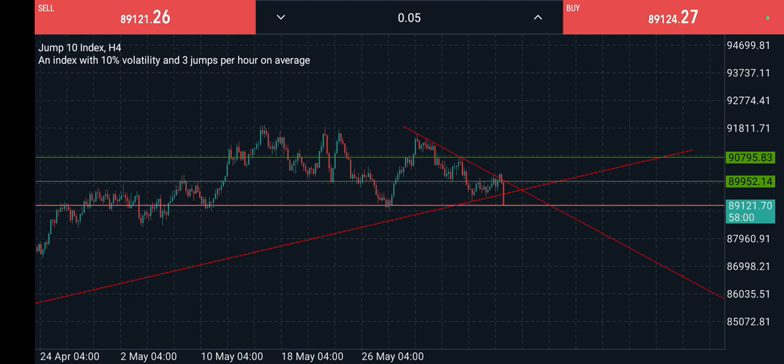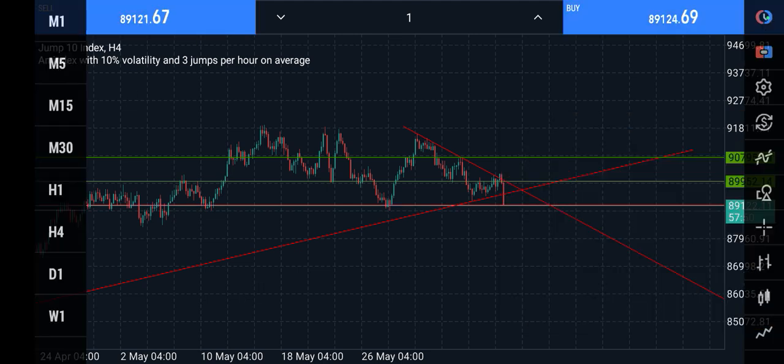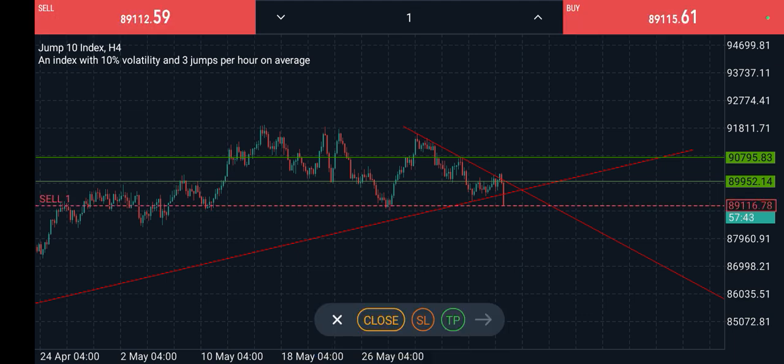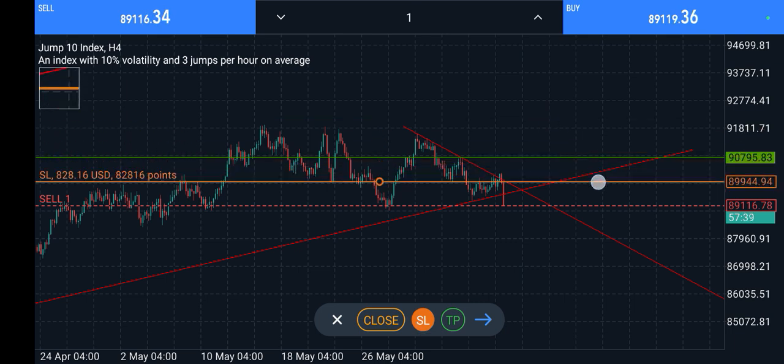So now I'm going to make an example. You see here, let's say this is 0.05. Okay, let me change this one to 1. So this is on jump, and let me say I'm selling here. I place a sell here. So now if you check my SL, I'm going to explain it to us.